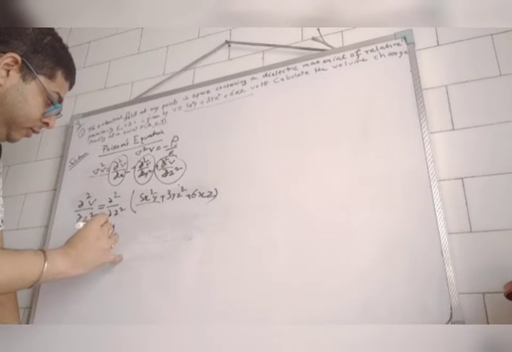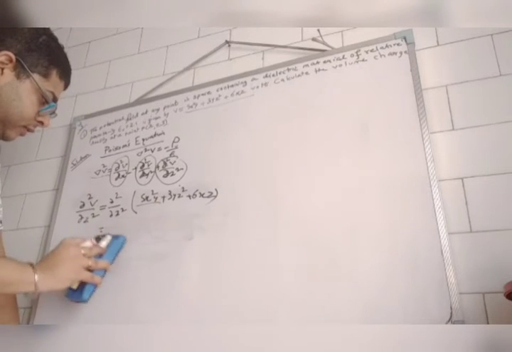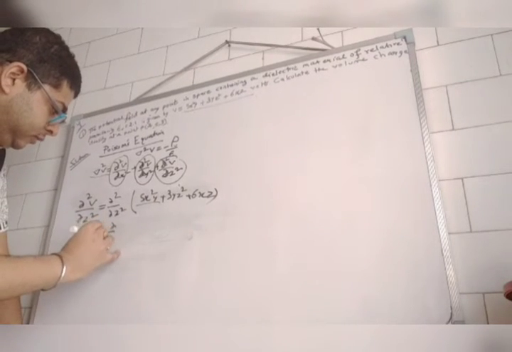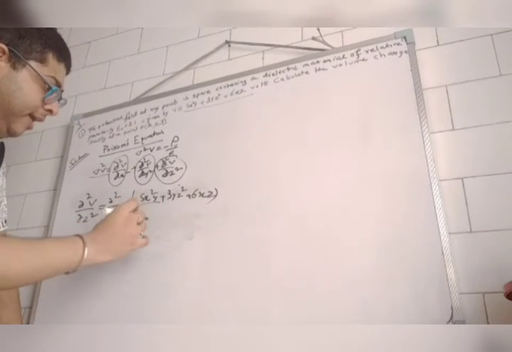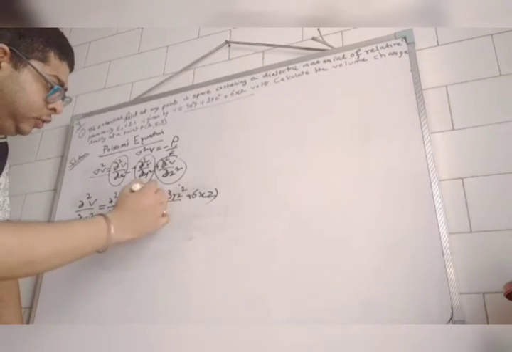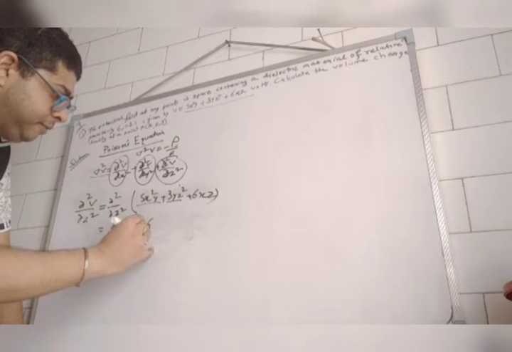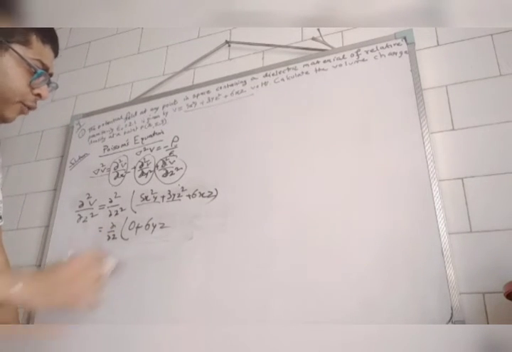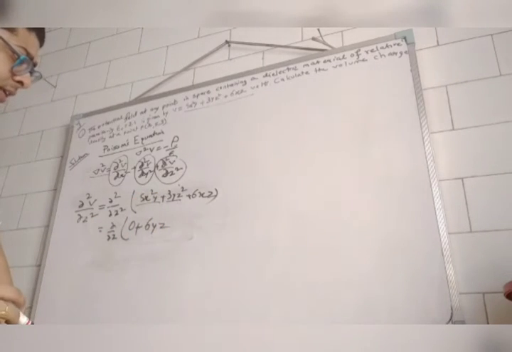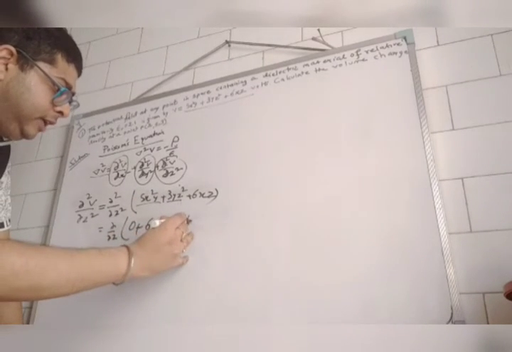So we have 0. Let me do it one by one. After first differentiation, we will be having 0. Then this 2 will come out, that means it will have 6yz if you differentiate this with respect to z, and here we will be having only 6x.